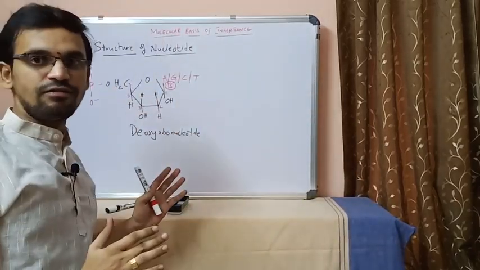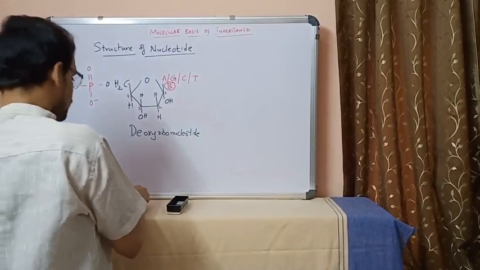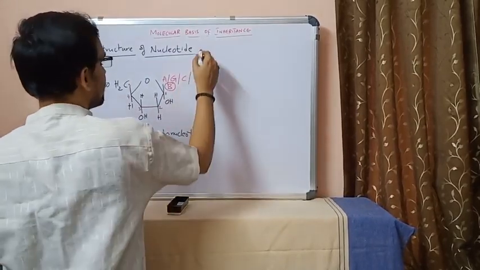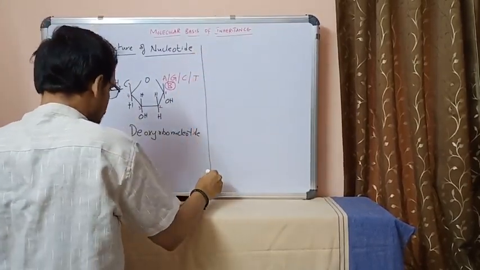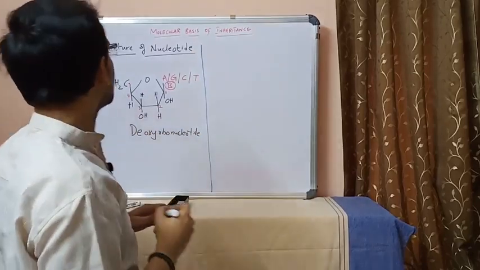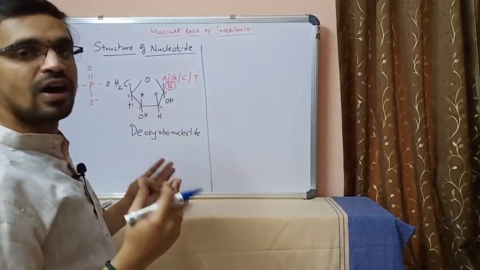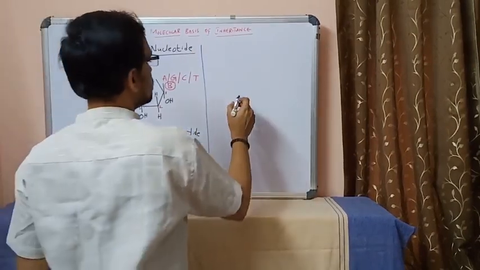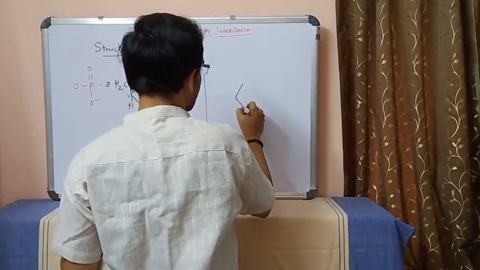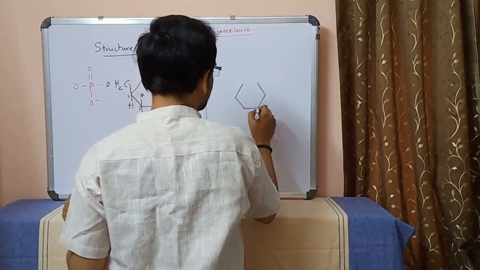Now coming to the structure of ribonucleotide. So what is the sugar present in RNA? Ribose sugar. So first you can draw the structure of ribose sugar.